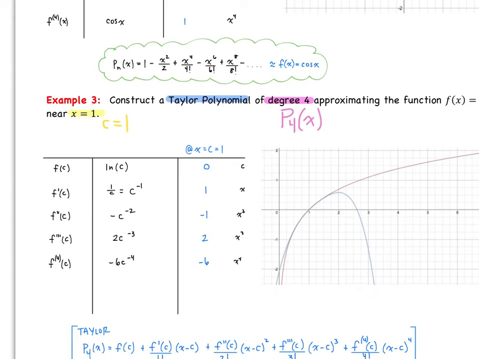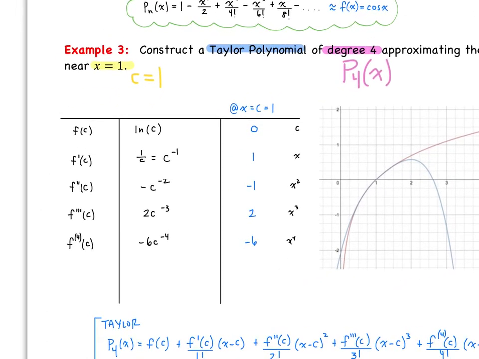All right, so we create our table of values. Now, since we only want P4, I need to go up to the fourth derivative. Okay, the fourth derivative of f. So, as we go through, we know f of c equals ln of c. Again, when we evaluate that at c equals 1, ln of 1 is 0.